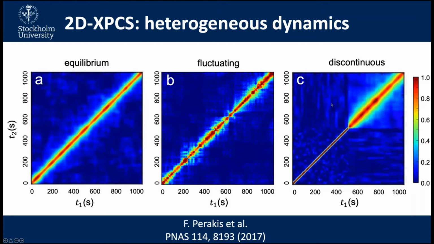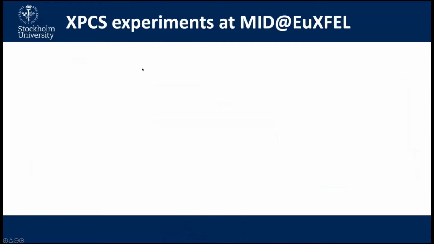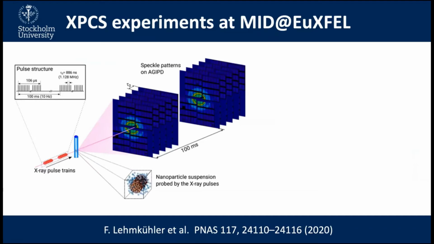And now, to make it a little bit more relevant, here are some of the XPCS experiments that were performed at the MID station at the European XFEL by our colleagues, Felix Lehmkühler and co-workers, who use the interesting pulse structure of the European XFEL. This is one of those things that you either love or hate.